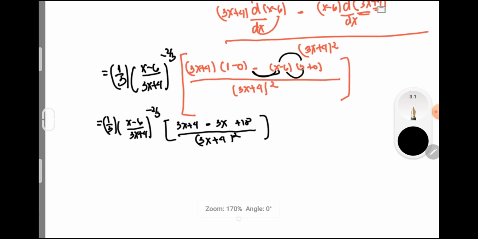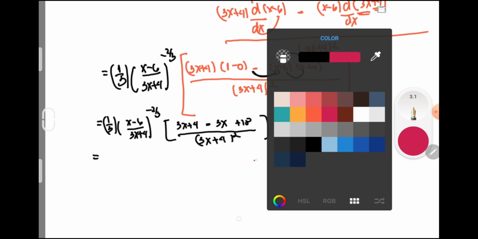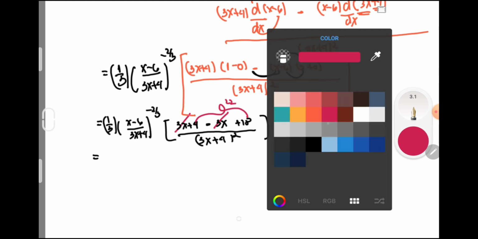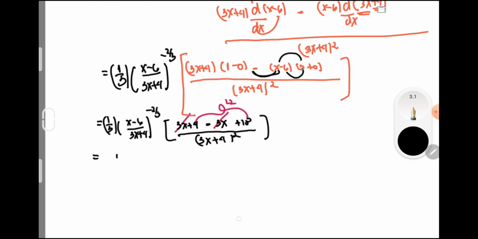Okay, so from this we'll have 3x minus 3x is 0, and 4 plus 18 is equal to 22. So therefore we have 1/3 multiplied by x minus 6 all over 3x plus 4 raised to negative 2/3 multiplied by 18 all over 3x plus 4 squared.